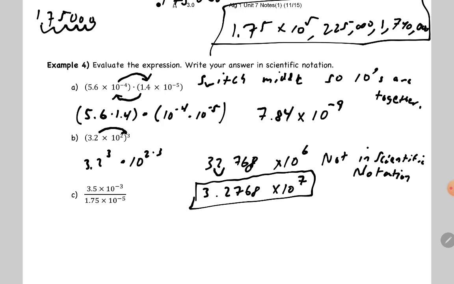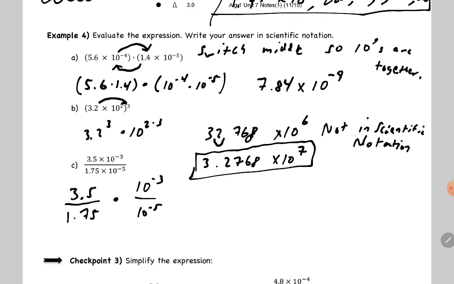So same thing here, like from the last section, we're just going to divide the numbers here. And then we're dividing 10 to the negative 3rd by 10 to the negative 5th. So we split them up. 3.5 divided by 1.75 is 2.